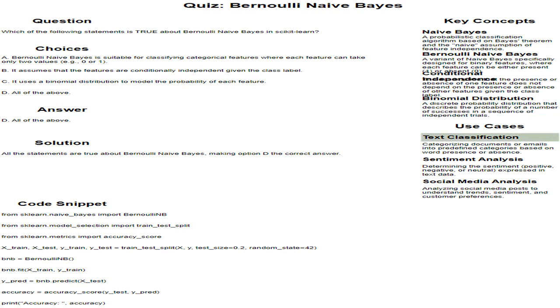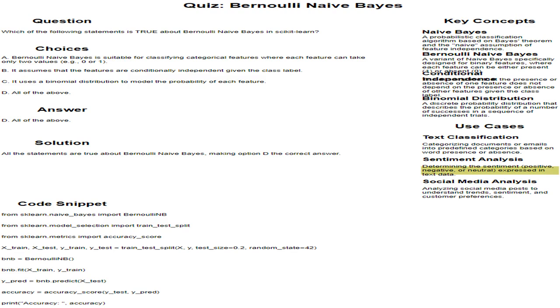Text classification. Categorizing documents or emails into predefined categories based on word presence or absence. Classifying customer reviews as positive, negative, or neutral based on the presence or absence of certain words like amazing, terrible, or okay. Sentiment analysis. Determining the sentiment (positive, negative, or neutral) expressed in text data.